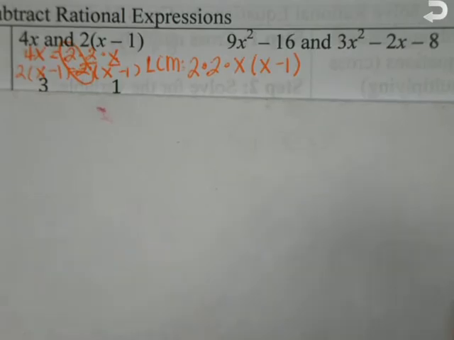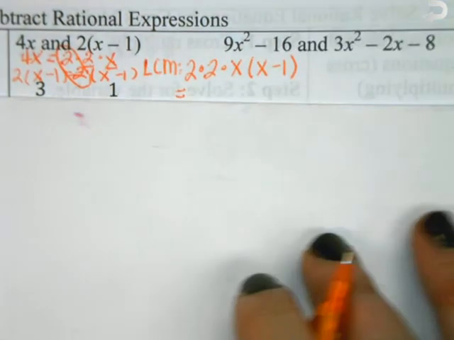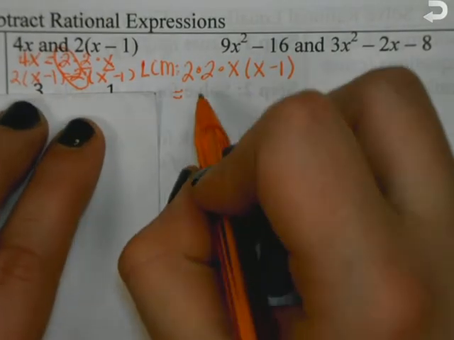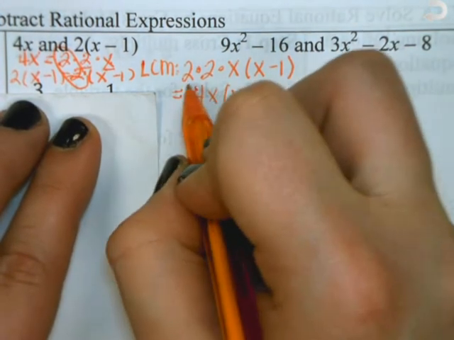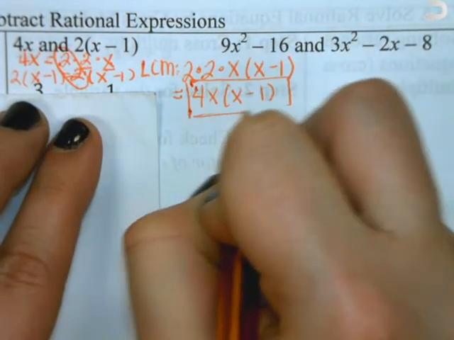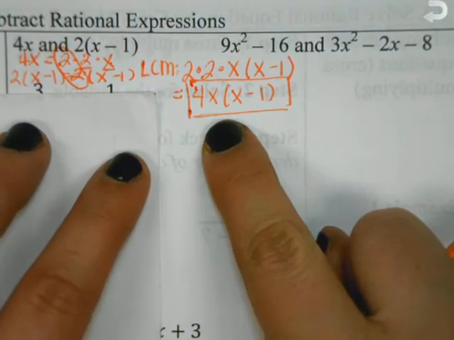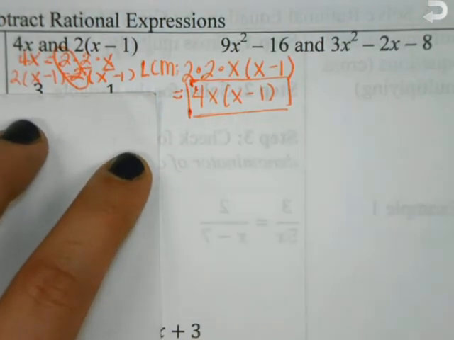So my LCM would end up being 4x, and you can leave x minus 1, you don't have to distribute. So my LCM there would end up being 4x times x minus 1. Is everybody okay with that? Yeah?